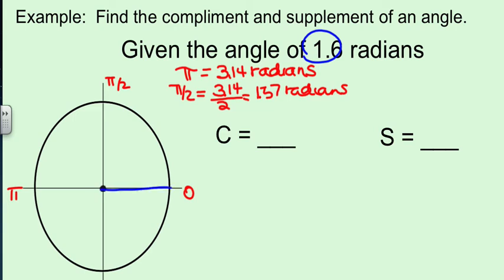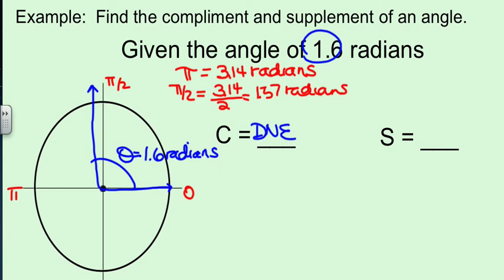So if we create that angle measure, that's what our angle would look like, our theta of 1.6 radians. Now it is bigger than pi over 2, so we will not have a complement. It does not exist, but we do have a supplement. We want to find out what is the distance from that terminal side to pi. Remember, pi represents 3.14.